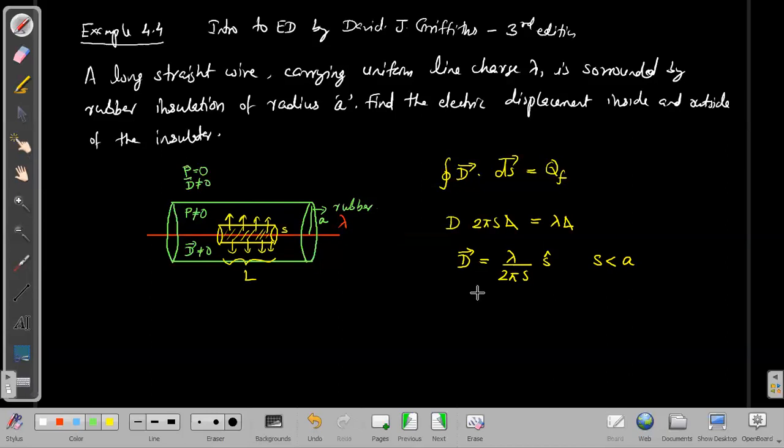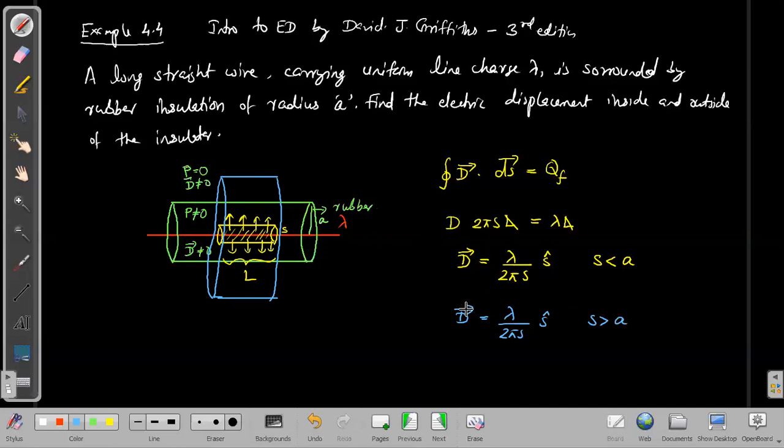Now, what about outside? Outside also, if you look at a bigger Gaussian cylinder of the same length, the electric displacement will take the same form, D equals lambda over 2 pi s, even for s greater than a.